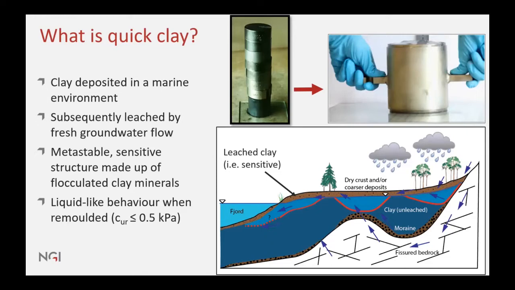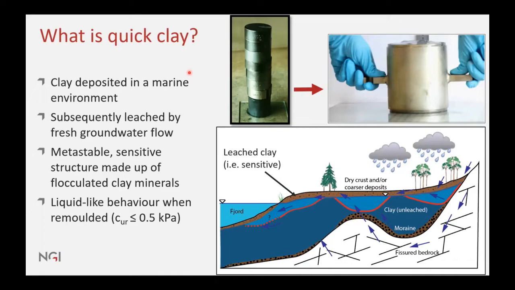So what is quick clay? Well, quick clay, it's a marine clay. It's a clay that was deposited in the marine environment many thousand years ago. And because of the geological history in the northern hemisphere, because of the glacial rebound following the melting of the glaciers, there was a relative fall of the sea level.